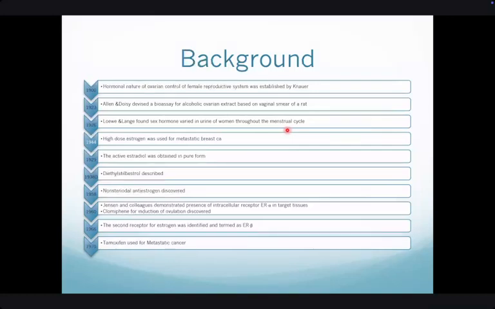Then, around 1960, they demonstrated the presence of an intracellular receptor, estrogen receptor alpha, in uterine tissue, and clomiphene was discovered for induction of ovulation. In 1966, the second receptor for estrogen was identified, and it was termed estrogen receptor beta. In 1970, tamoxifen was used for metastatic cancer. Around 1980, tamoxifen was approved for chemoprevention.